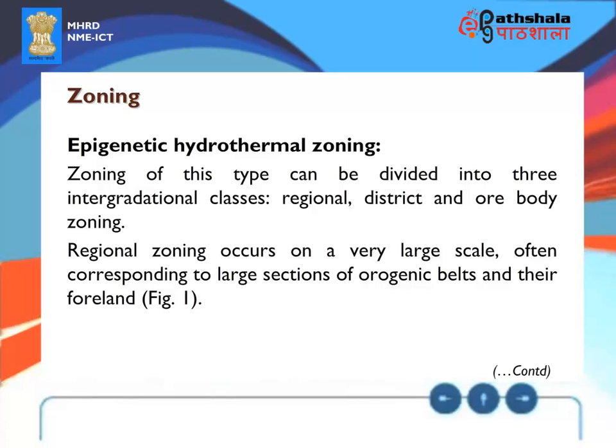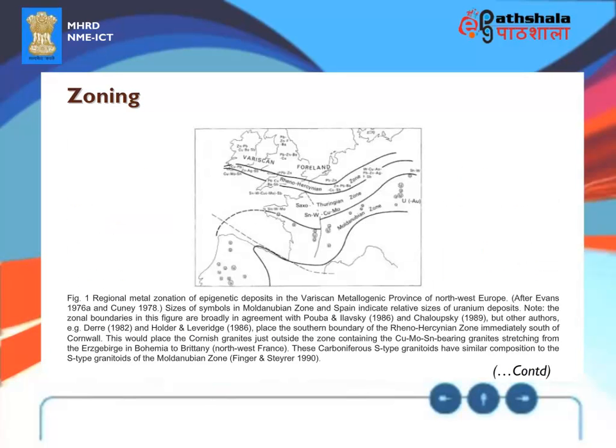Epigenetic hydrothermal zoning. Zoning of this type can be divided into three intergradational classes: regional, district, and ore body zoning. Regional zoning occurs on a very large scale, often corresponding to large sections of orogenic belts and their foreland, Figure 1.